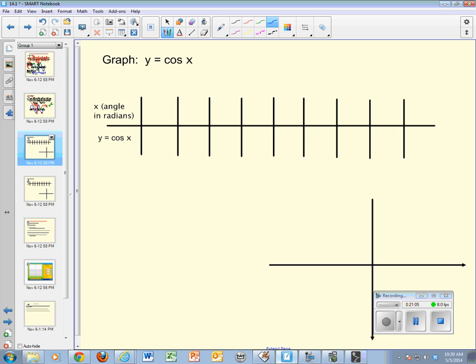So we're not going to go back and graph all of those angles again. We're going to stick with those same major points, our maxes, our mins, our x-intercepts. So let's do the same values that we used last time.